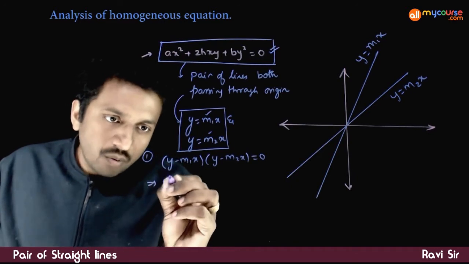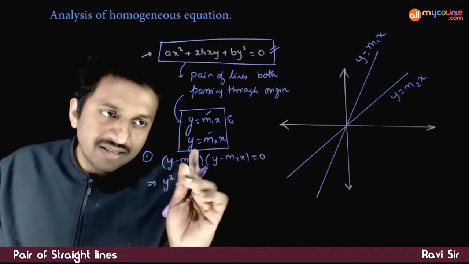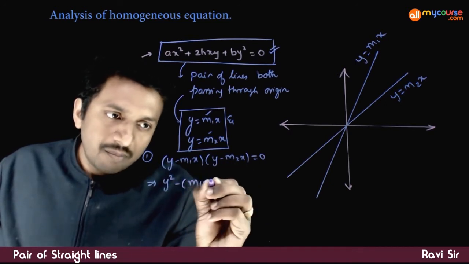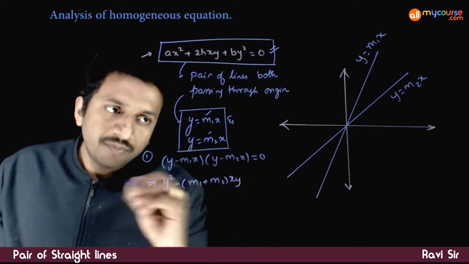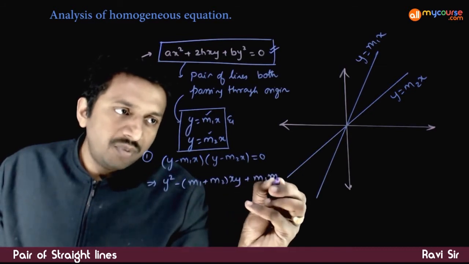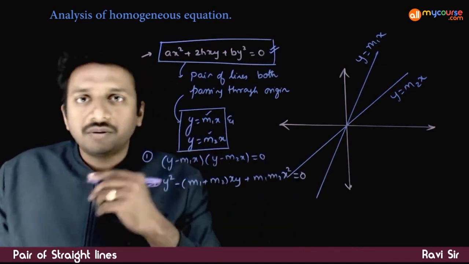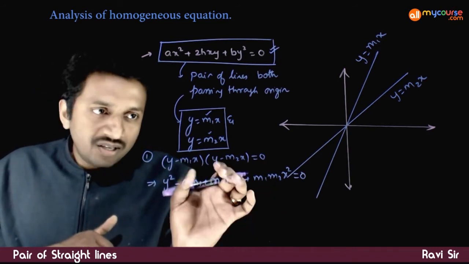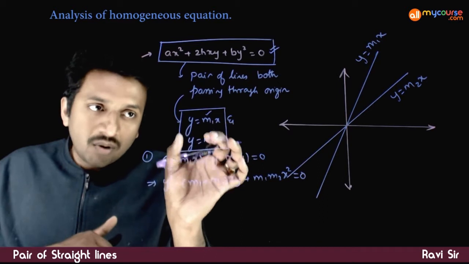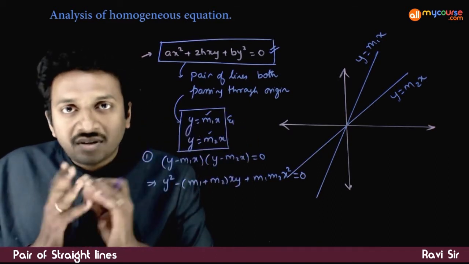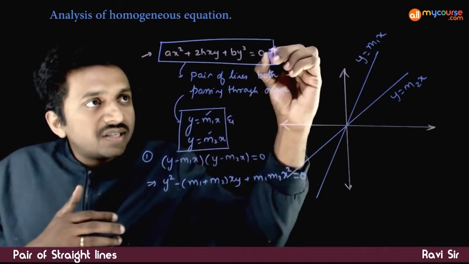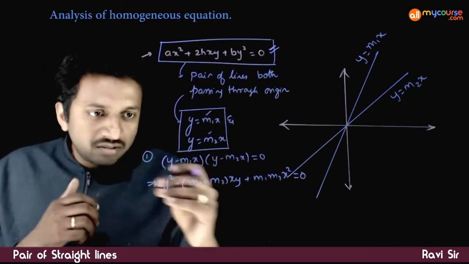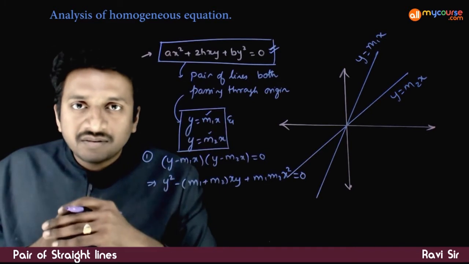This implies y square minus m1xy minus m2xy, that is y square minus (m1 plus m2) times xy plus m1 m2 x square is equal to 0. So this is the equation of the pair of lines y equal to m1x and y equal to m2x. Again, this also represents the same pair of lines, so these two equations have to be exactly the same.